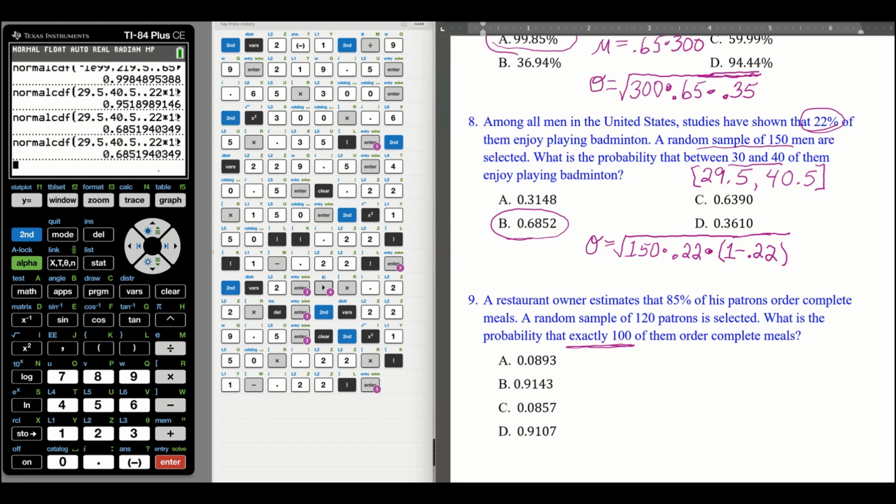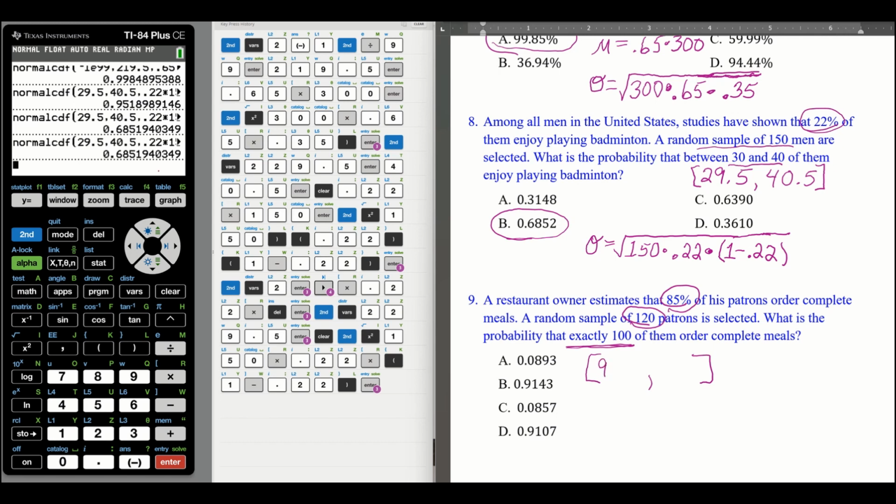So we have, here's our probability. That's our sample size, and we need to adjust. It says exact. That means we are adjusting below and above, positive, negative 0.5.